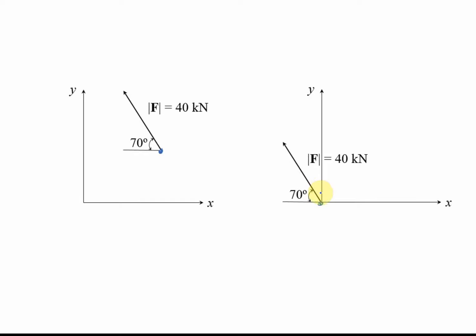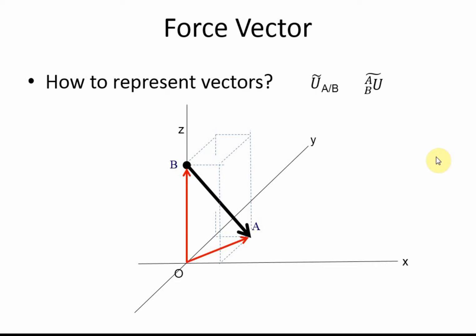But in terms of free vectors, these two vectors are exactly the same. In general, vector just refers to free vectors. In our example, we represent these vectors as pointing to A from B like that.